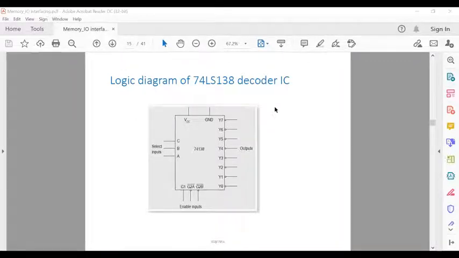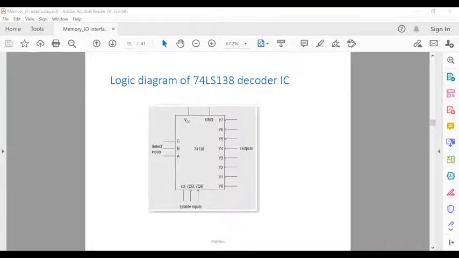I think all of you are familiar with the decoder circuit: 3 is to 8, 2 is to 4, 4 is to 16, like this. This is a 3 to 8 decoder IC where the output lines are active low. With the microprocessor you have to connect one such decoder IC whose output must be low.